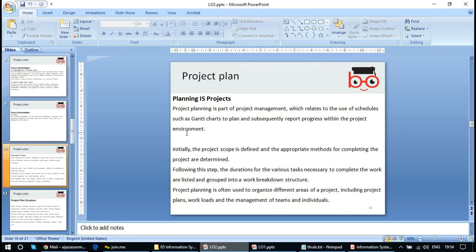Even if we look at the waterfall model, requirement specification needs to be done according to the schedule. It should have a particular time given, the analysis should have been given a particular time. So every project methodology needs to be given a plan, and the plan may be given according to the Gantt chart.